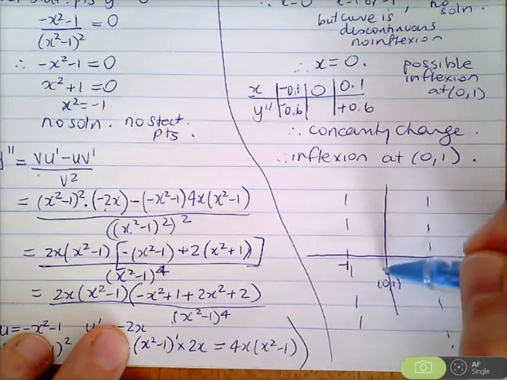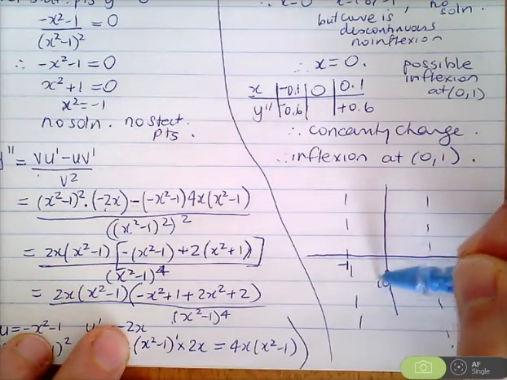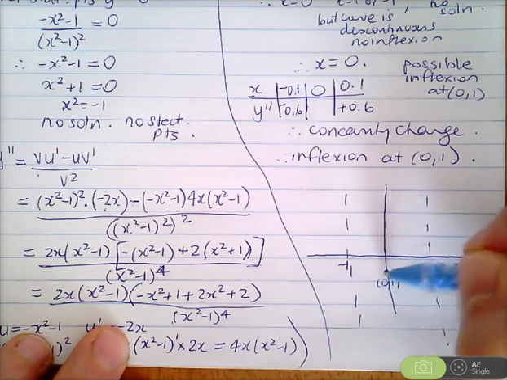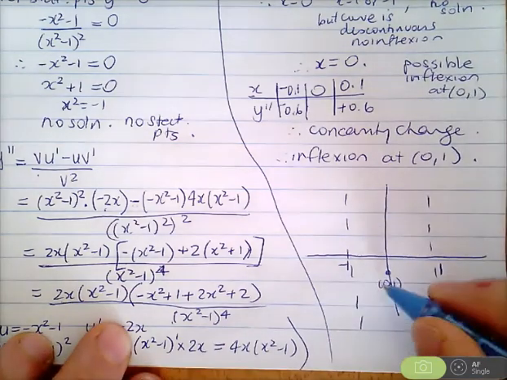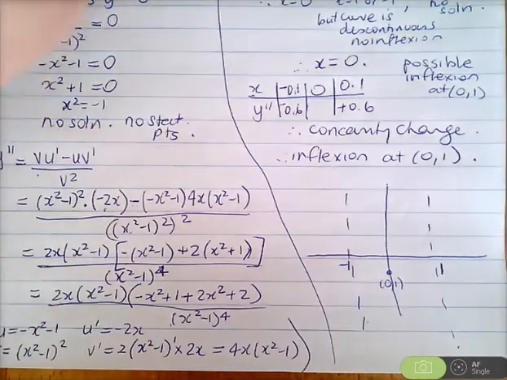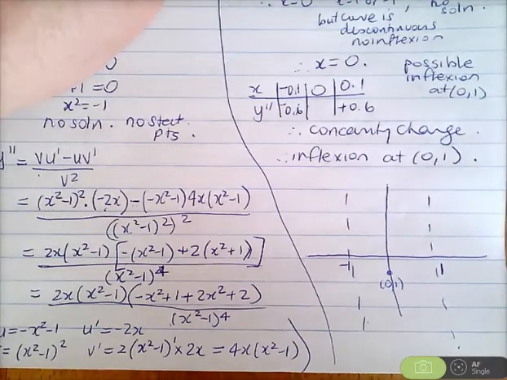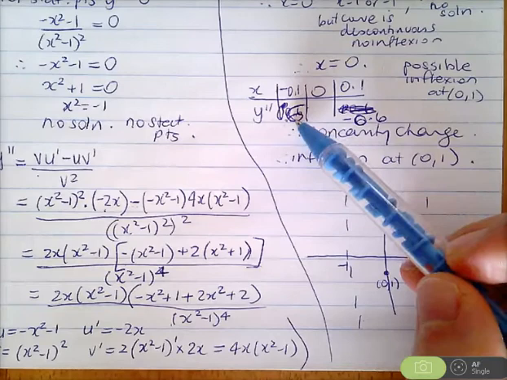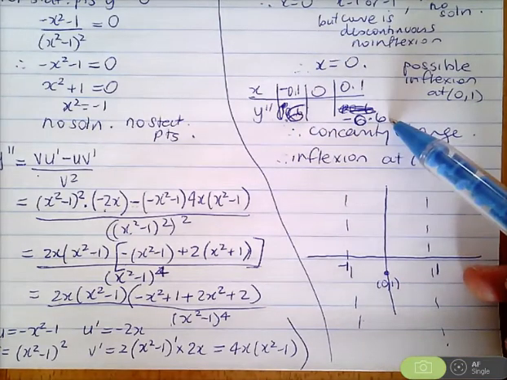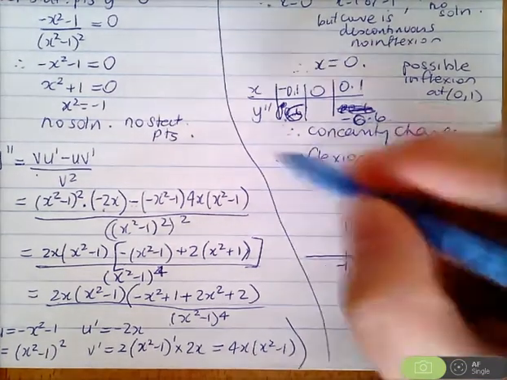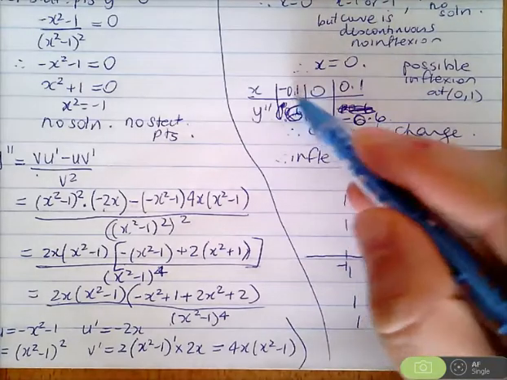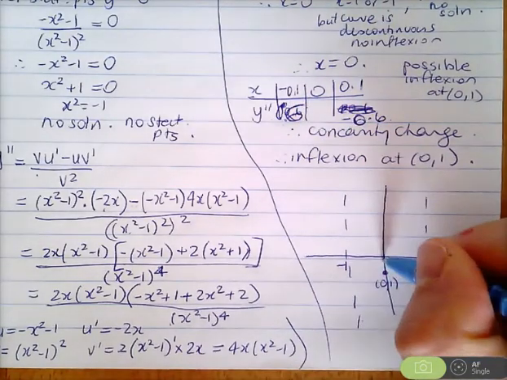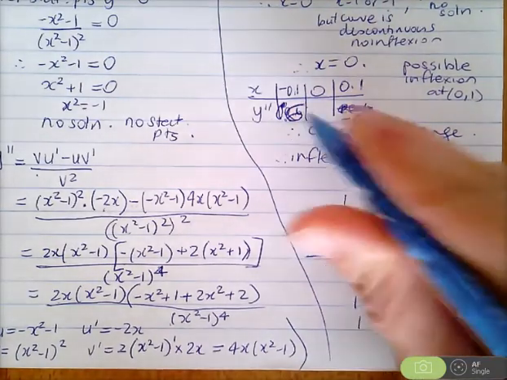And we know that on this side the curve is concave down. Also, if we go back up and look at the values, this is positive 0.6 and this is negative 0.6 here. So we've got concave up on the left hand side of 0, so at negative 0.1 it's concave up.